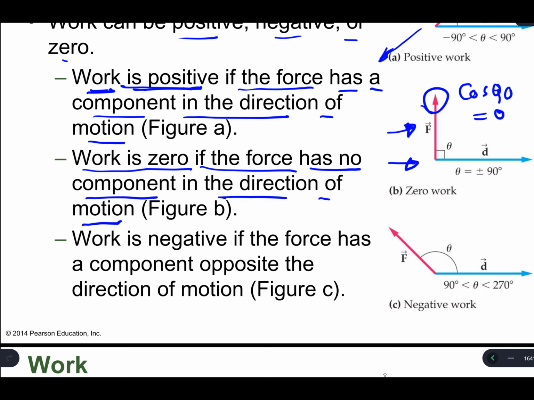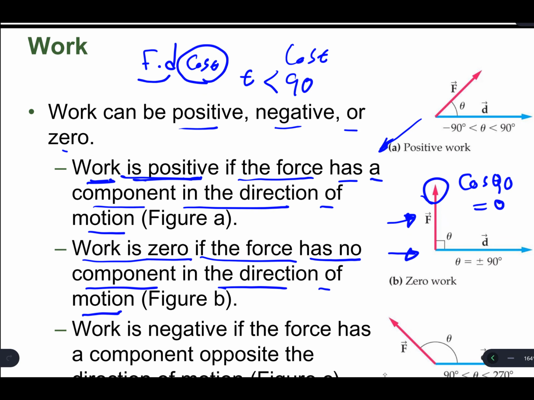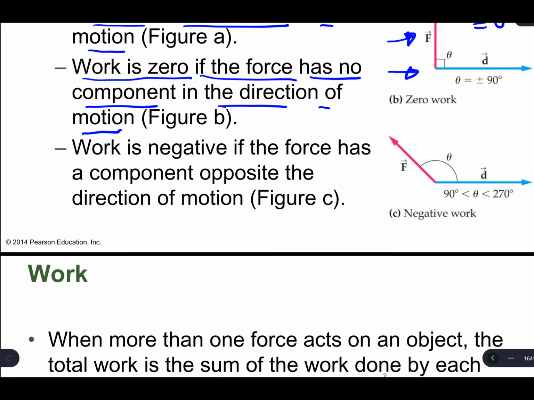This is the direction of the motion and the force is perpendicular, so it will not cause work, because there is no motion caused by the perpendicular force or the normal force. I'll give you an example. Imagine this box. This box has weight W, right? And it doesn't move because this weight doesn't do any work.